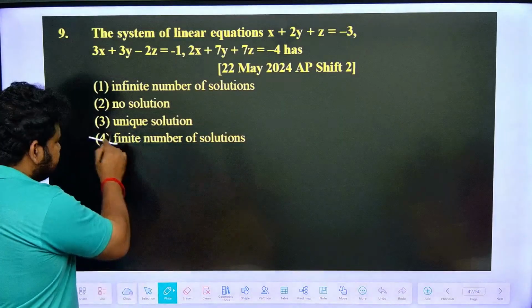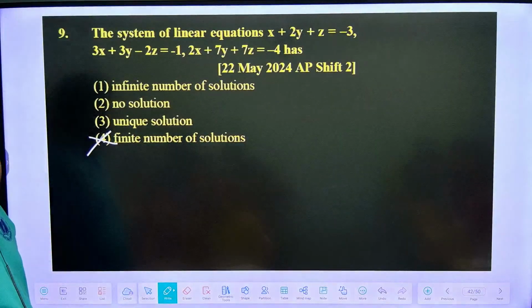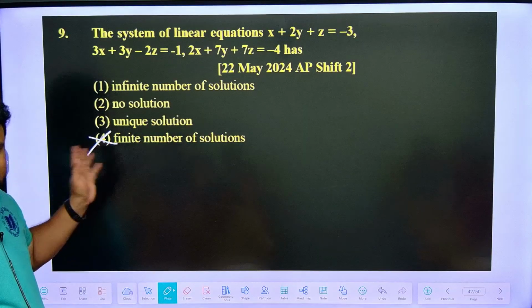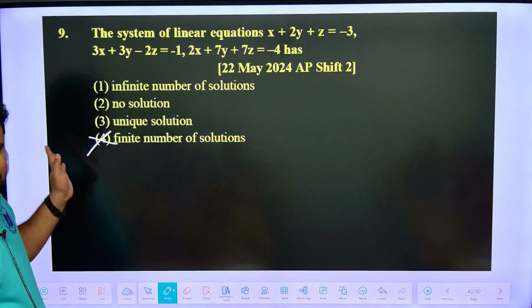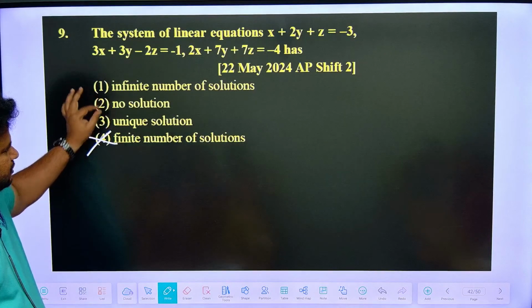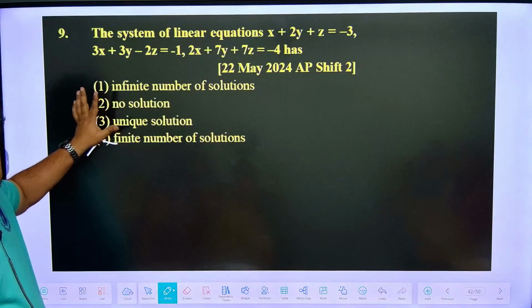There is no such thing as a finite number of solutions, so remove this. Suppose in the end you are taking the answer and you don't have time, they give this to confuse you. There will be infinite solutions, unique solution or no solution. Out of these three only you should go.